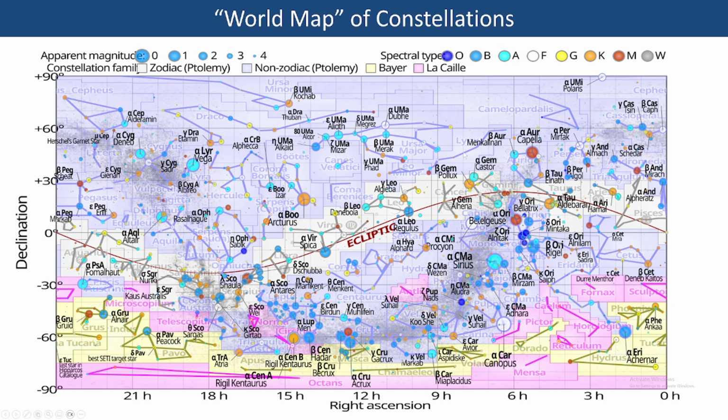Okay, let's take a look at another constellation. The northernmost constellation is Ursa Minor, in short UMi, and the brightest star in Ursa Minor, or Alpha Ursa Minor, is actually the Polaris. Here is the Big Dipper.